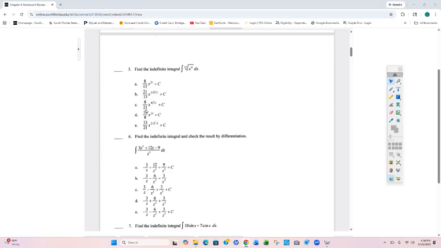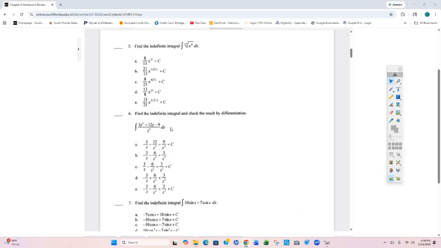C, 8 over 21, x to the 8 over 21 power plus c. D, 13 over 8, x to the 21st power plus c. E, 13 over 21, x to the 21 over 13 power plus c. Correct answer to number 5 is E. That is from section 4.1.